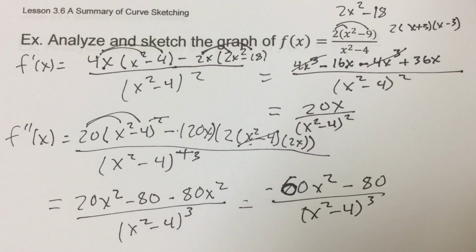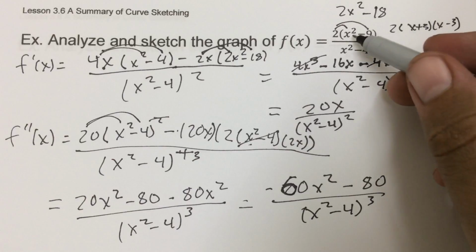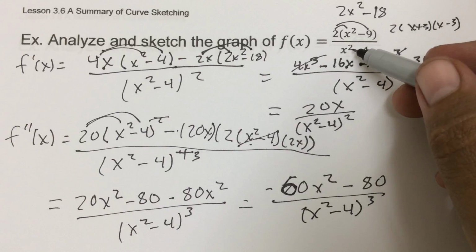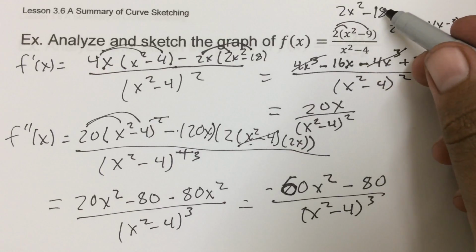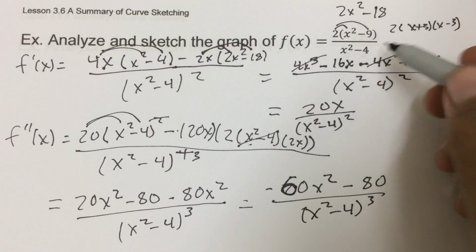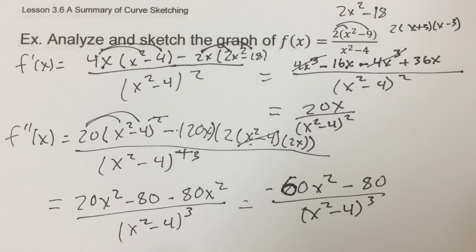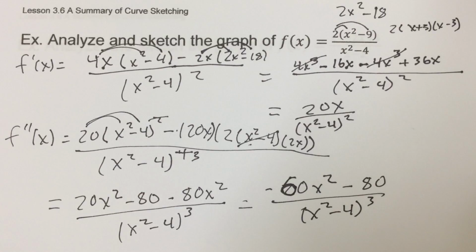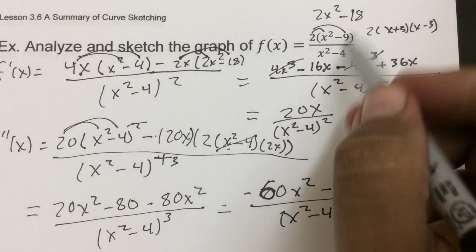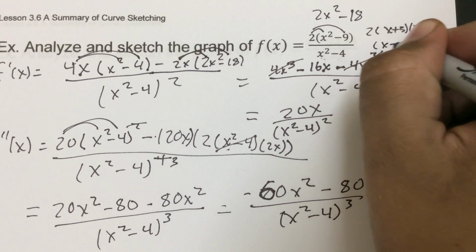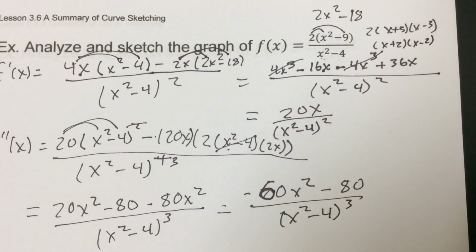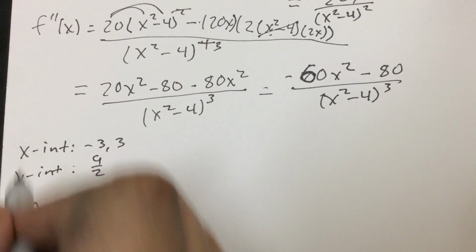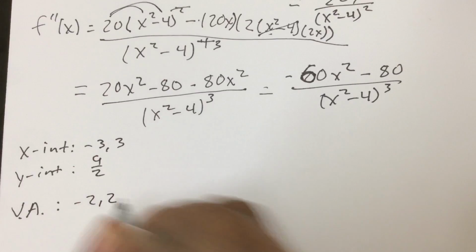The y-intercept is if I put 0 in for x, I would get -18 over -4, which ends up being 9/2. Next, I'm going to look for vertical asymptotes. Looking at the bottom, x squared minus 4 goes to x plus 2, x minus 2. Well, it doesn't cancel with anything on top. So my vertical asymptotes are -2 and 2.